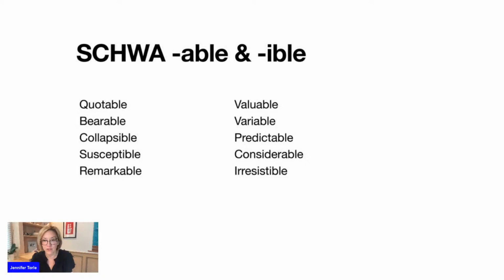All right, so let's get back to the topic. Let's do some practice, okay? Here we go. I'm going to say the word and you repeat after me. Everybody ready? And just a reminder, if you're listening to the podcast, you can jump on over to YouTube at Tarle Speech to see these words. All right.